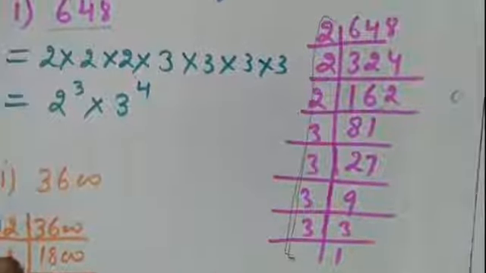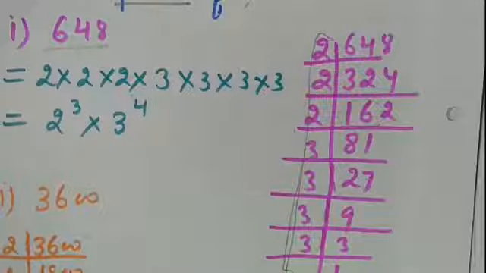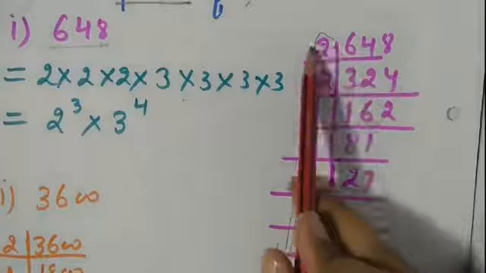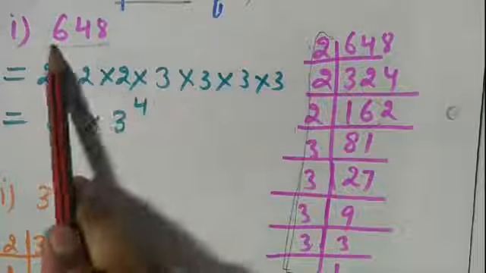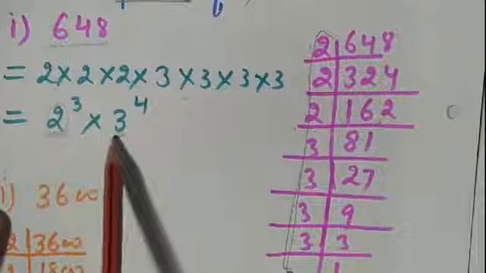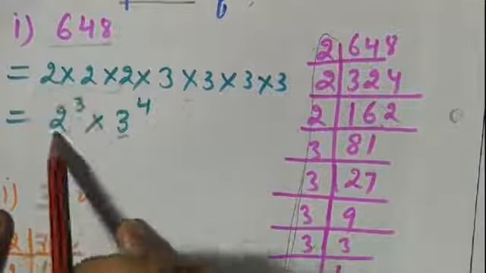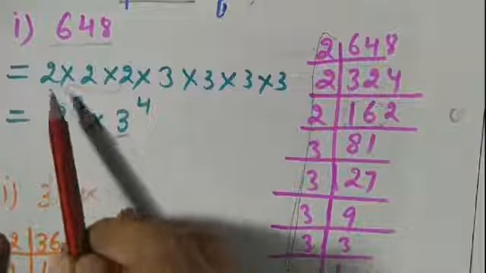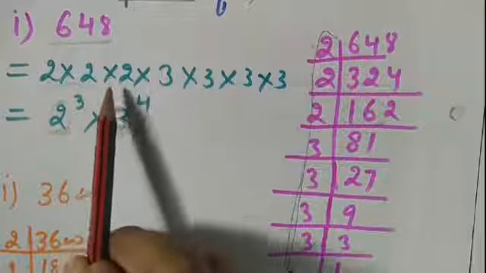Now we have to express this number in powers of prime factors. It has two prime factors, 2 and 3. Here I am observing that 2 is coming 3 times, so this can be written as 2 raised to the power 3 because the base is 2 and it is multiplied 3 times, so that will be its power.